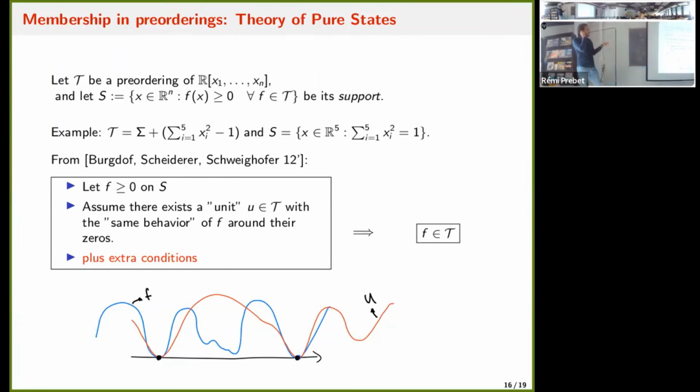If we have such a polynomial, and we check some extra conditions which are not trivial, then we can show that f is in the preordering. So the main message of this theorem is: if you want to show that one polynomial is in the preordering, a good idea is finding another polynomial which has the same behavior around the zero set and is in the preordering, and then we can maybe use it.